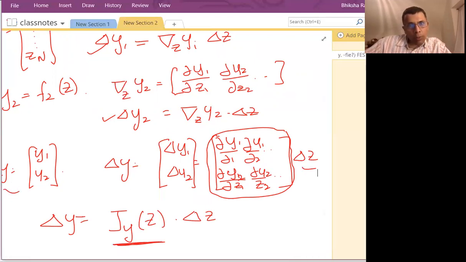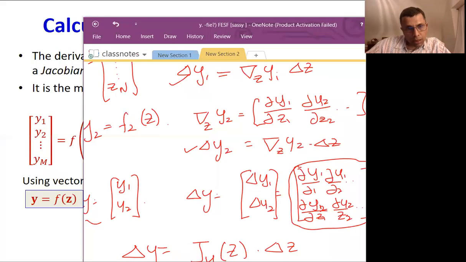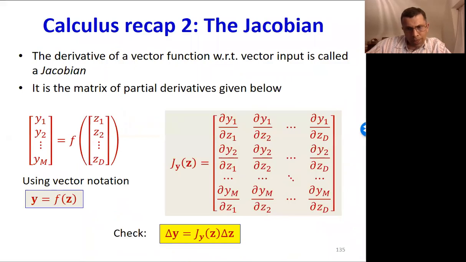When I have a function y equals f of z, then the derivative of y with respect to z, which is this Jacobian, is this matrix where the rows consist of the derivatives of the individual components of y with respect to z stacked on top of one another. And so here you can see how this works out.